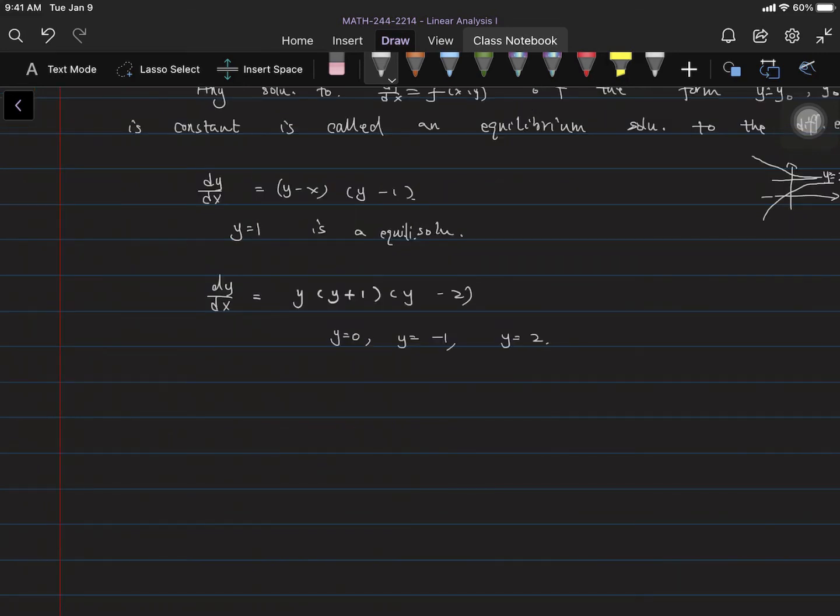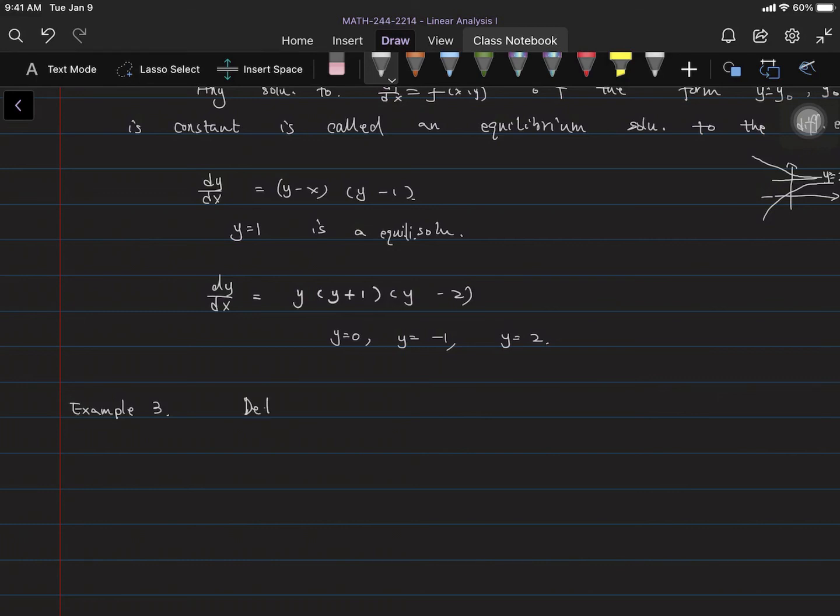The last example we are going to do in this section is to find the differential equation by using the given solution curve. Okay, so let's take a look.